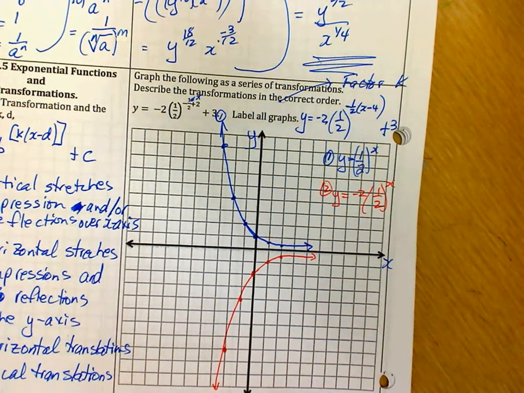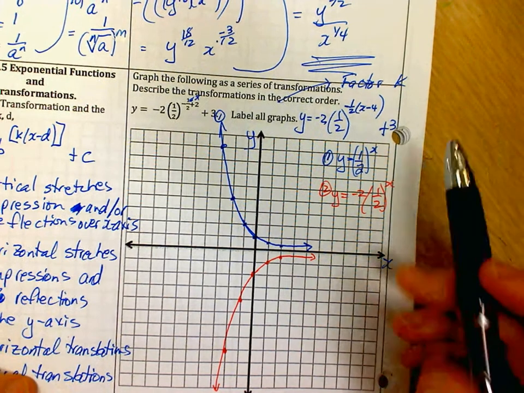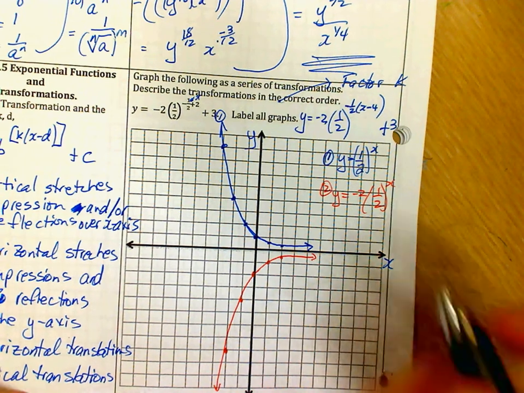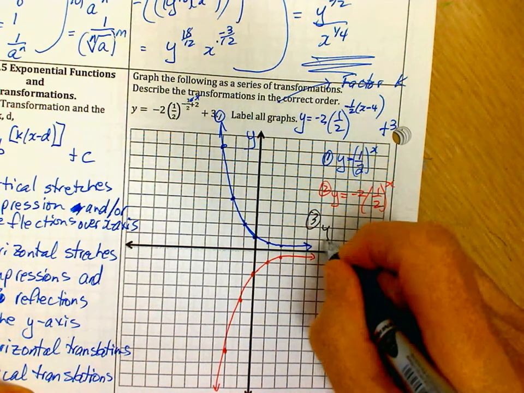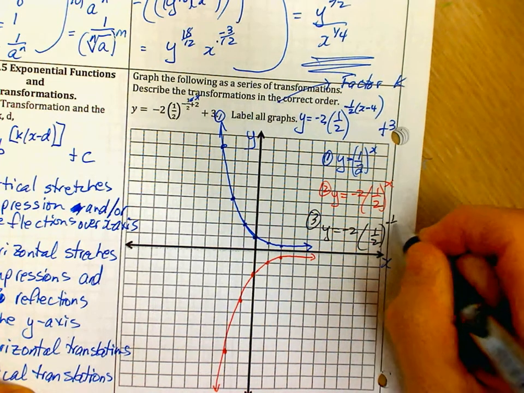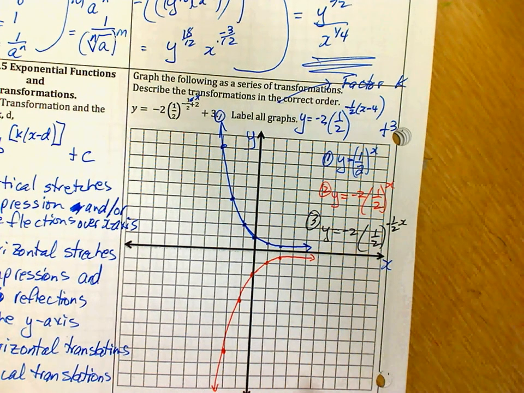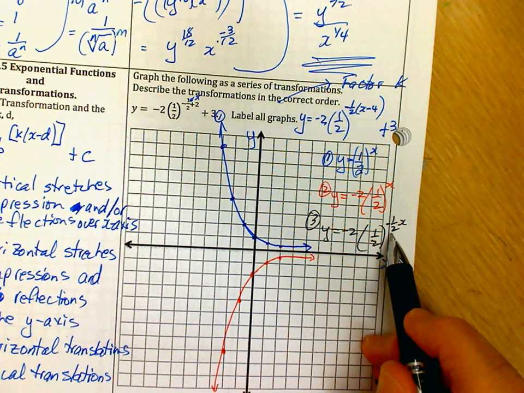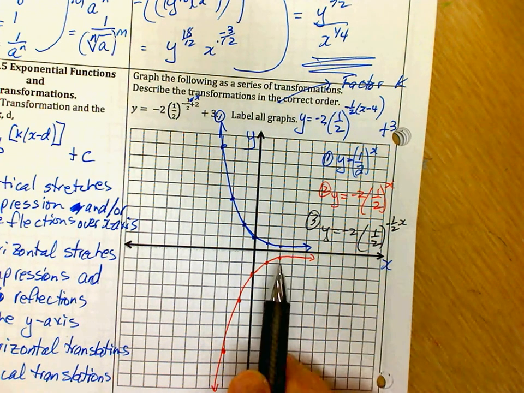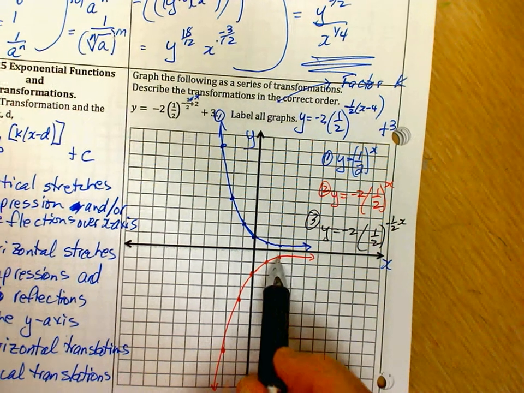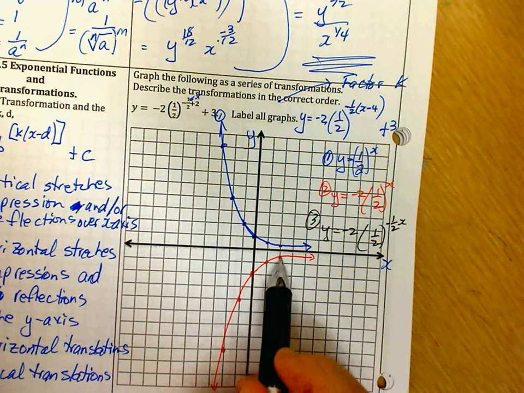Now let's handle the k of negative 1/2. And I guess I'll draw that in black. y equals negative 2 times 1/2 to the negative 1/2 x. Okay, so this is a horizontal stretch by a factor of 2, as well as a reflection over the x-axis. So this x is 2, 2 times negative 2 is negative 4.